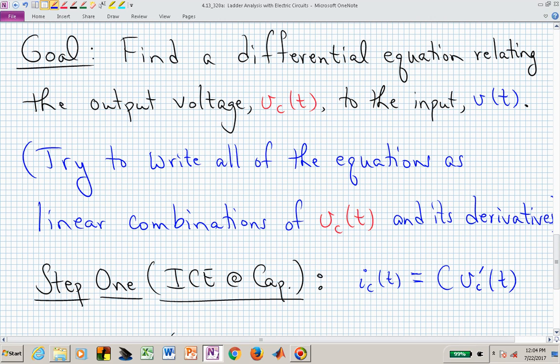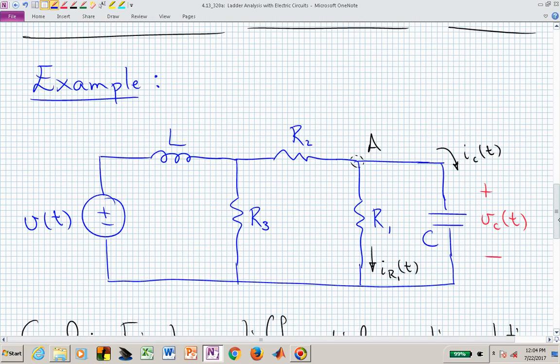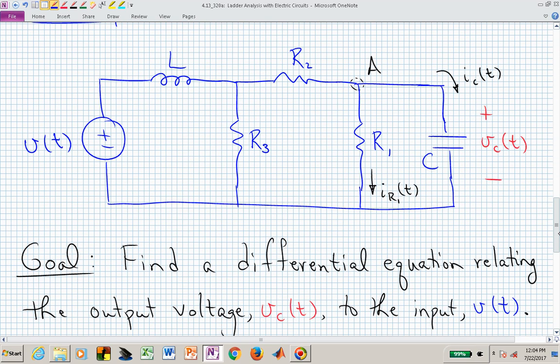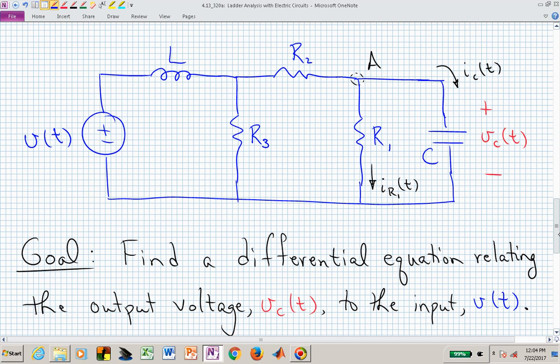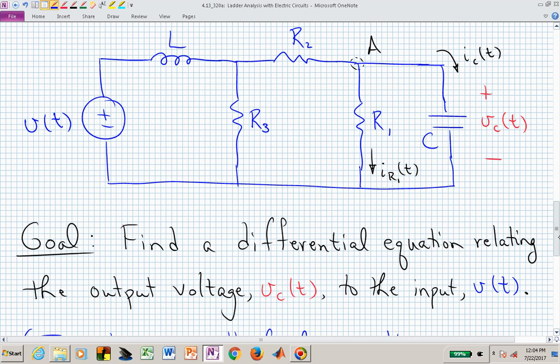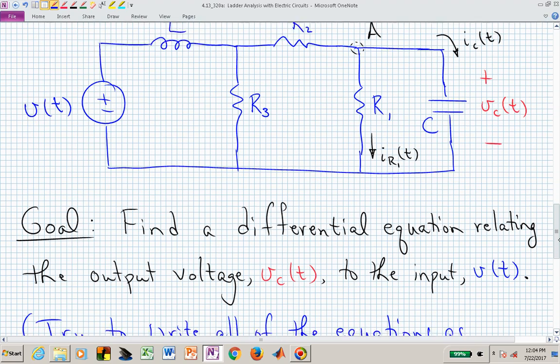So we have the output V sub C, that's the voltage across the capacitor. We now have an equation for the current through that capacitor in terms of the output voltage V sub C and some linear combination of its derivatives.